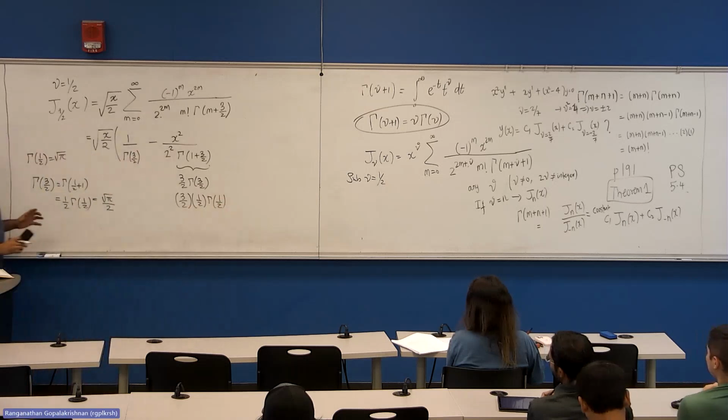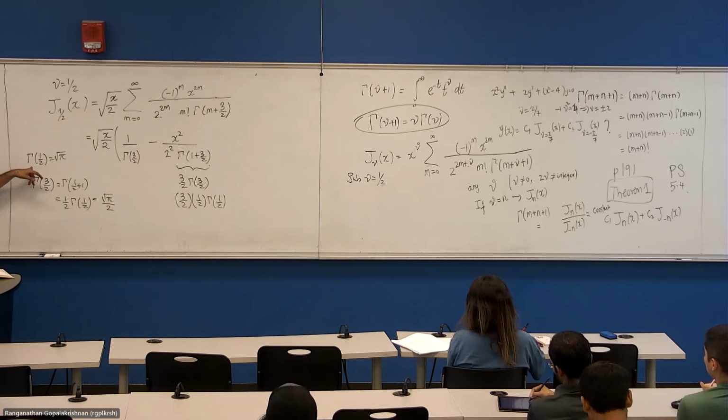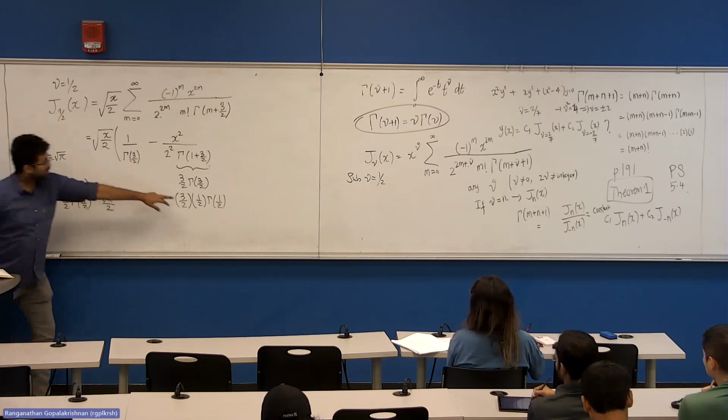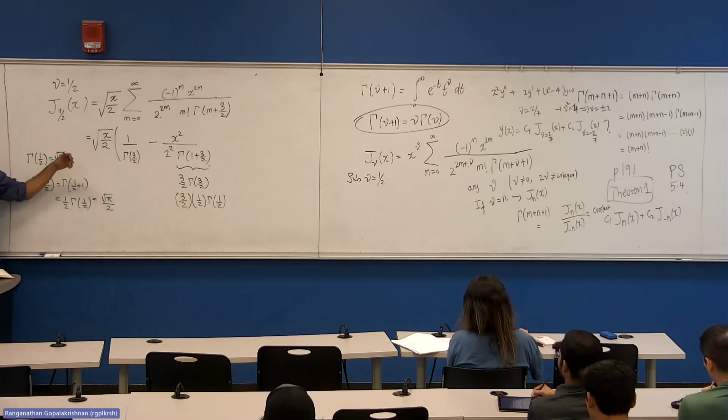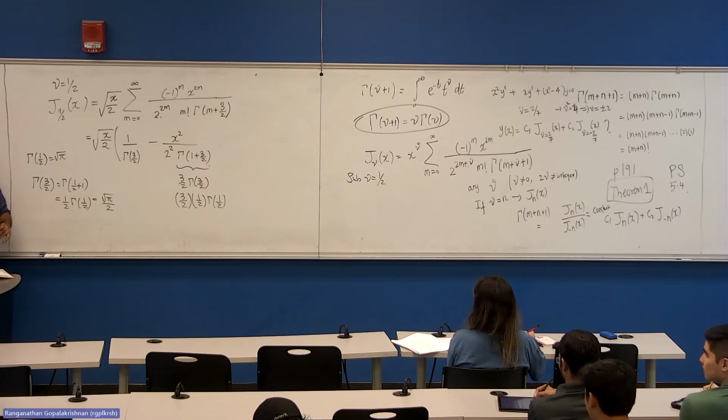In fact, if you are clever about this, it doesn't even matter that you know this fact. It's a common factor that's just going to come out of every term. You don't have to actually know that gamma of half is square root of pi. Okay, are you with me so far? Are you okay? Good.